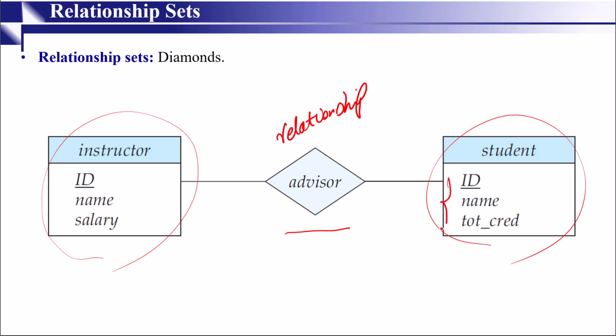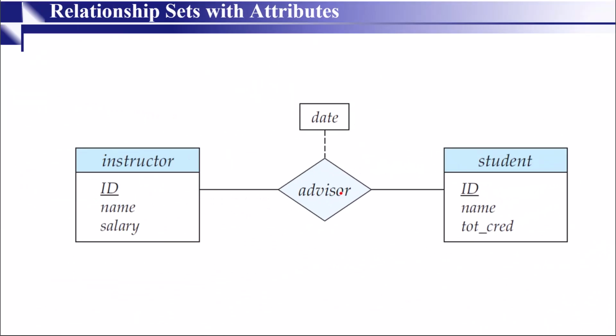And then here we can have attributes. Then we can go for primary key, using underline to clarify unique attributes. So in here we can see an ER diagram corresponding to instructors and students where they are in relation using the advisor attribute. Here the advisor relationship includes a date.